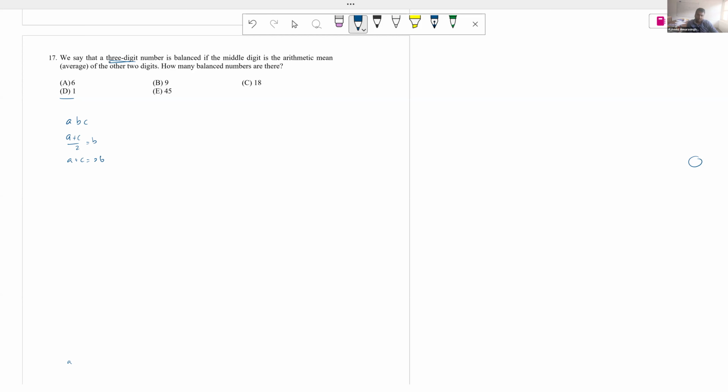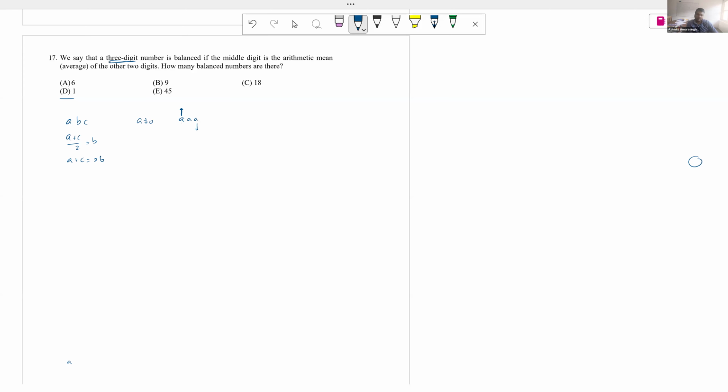You can understand that if A is not 0, go down this way, and you can go as long as you hit either 9 or 0.